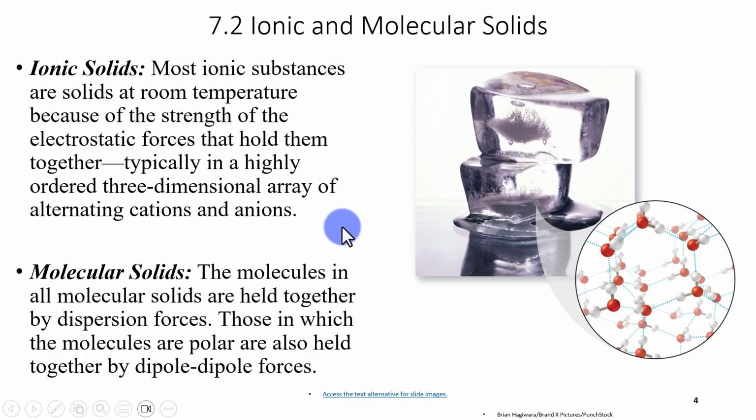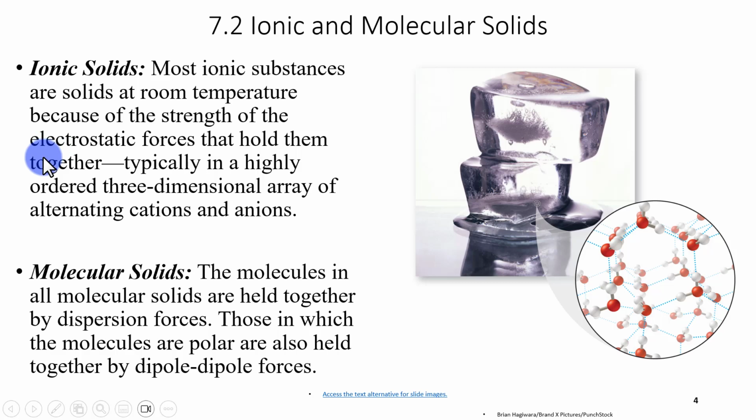We then divide the solids into 2 more categories. We can have ionic solids or molecular solids. From the name, once again, what is an ionic solid? It's a solid that is made up of ions. So most ionic substances are solids at room temperature.